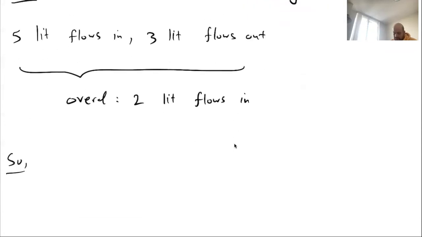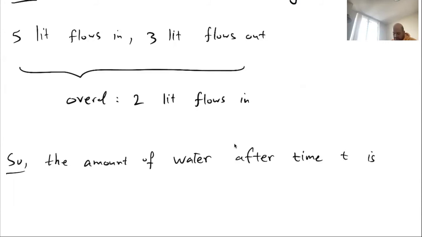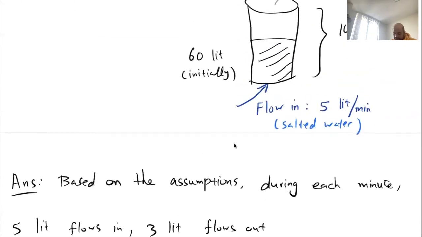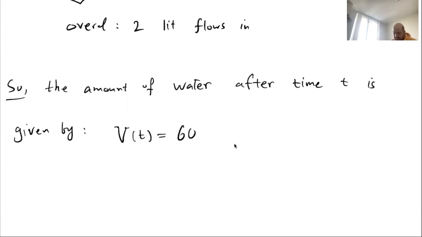That means the amount of water after time t is given by V of t equals 60, which was the initial amount of water, plus 2t. T here in minutes, I mean.